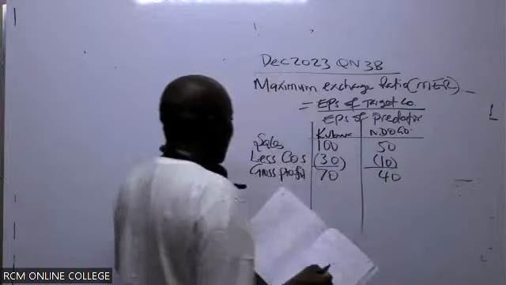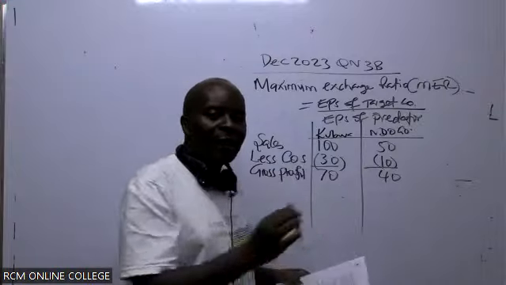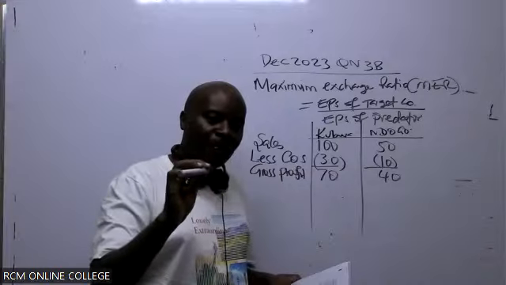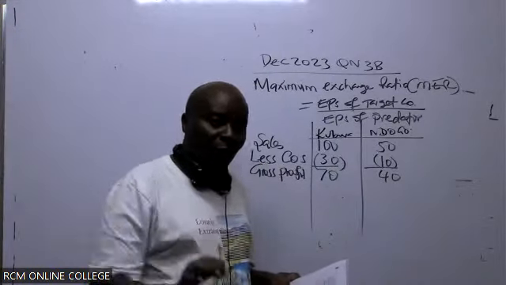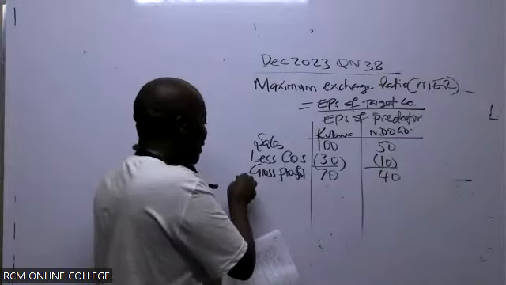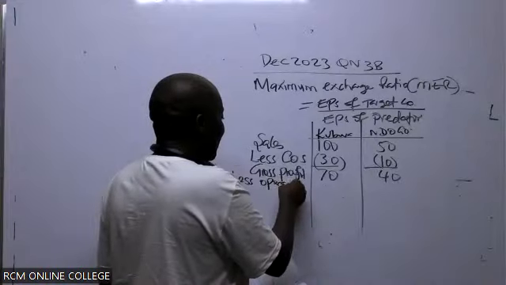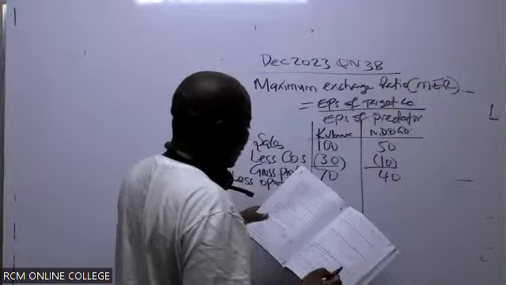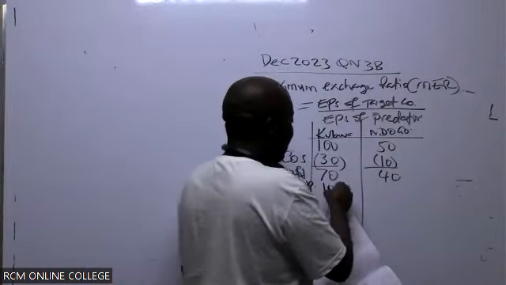Once you have the gross profit, I should subtract the operating expenses, administration and distribution. Here we were lucky because the examiner combined all those and called them operating expenses, which are 10 and 5.